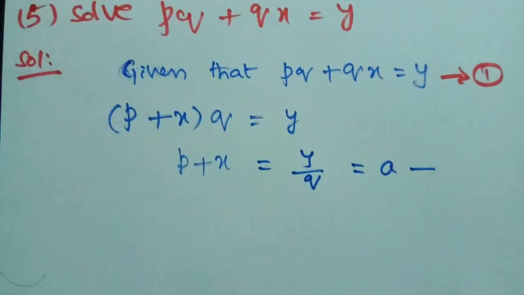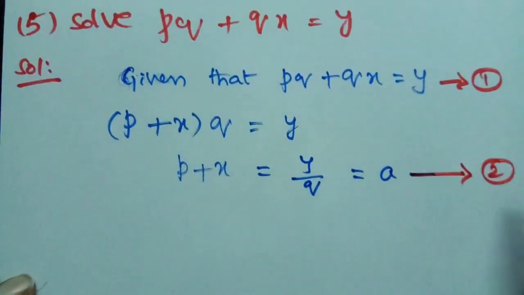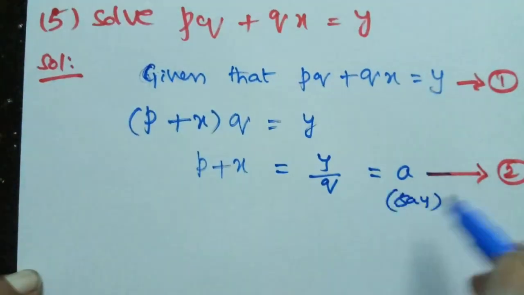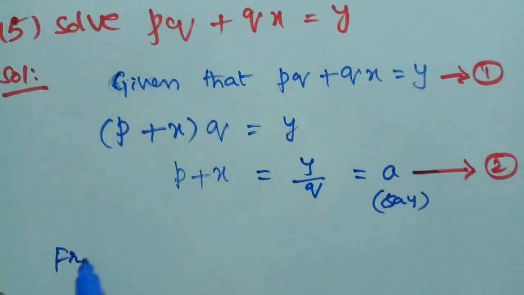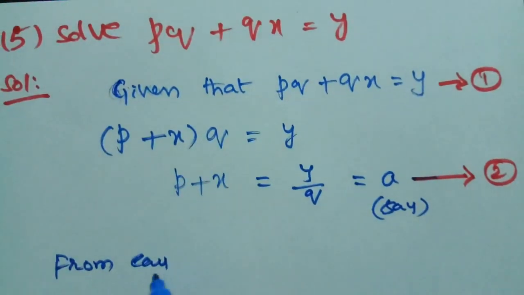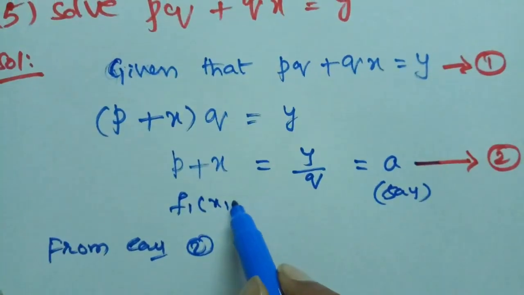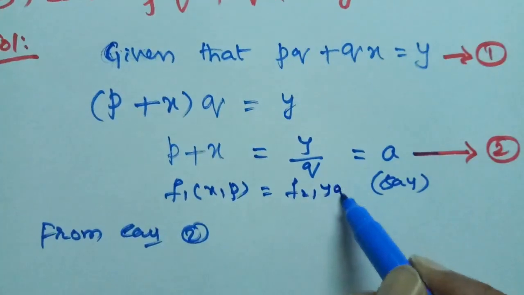Say this is equation number 2. Now from equation 2, if you want, you can write this in the standard form, f1 of x, p is equal to f2 of y, q.